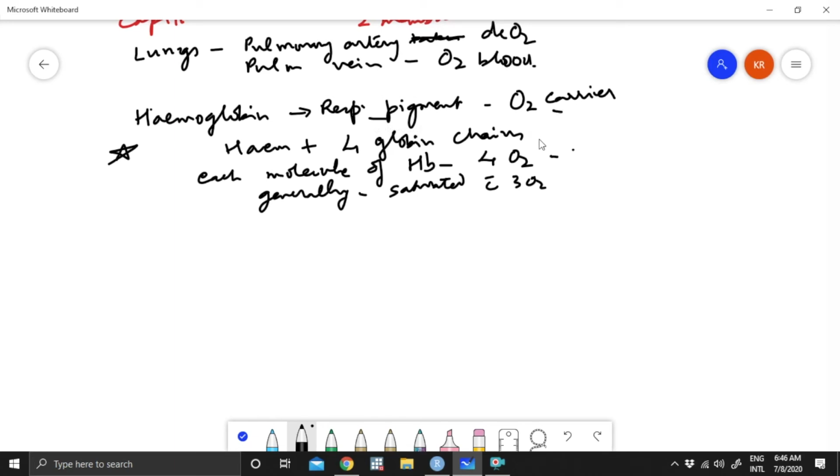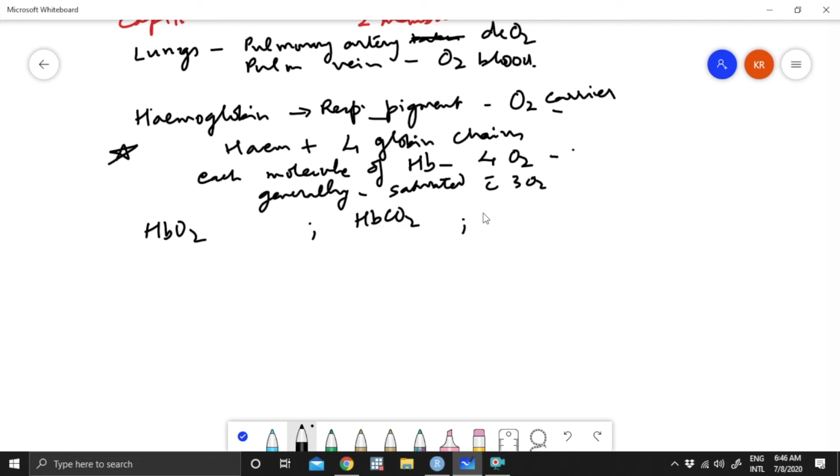It also, of course, carries carbon dioxide and hydrogen as HHb and HbCO2. So Hb combines with oxygen to form HbO2. Hb can also, in the reverse condition, combine with carbon dioxide to form HbCO2.